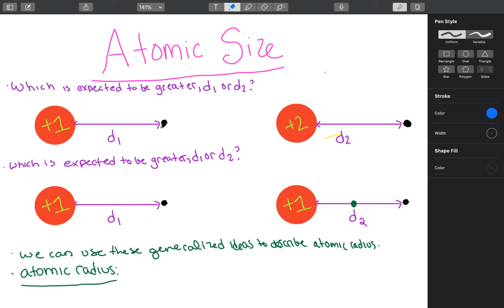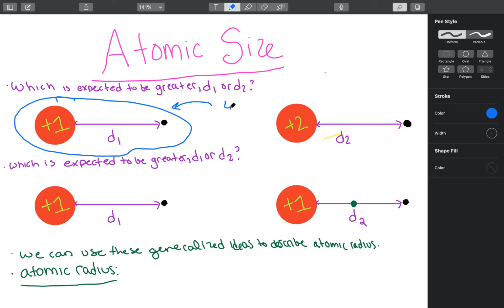So which distance, D1 or D2, do you expect to be larger? Well, the larger distance would be expected to be from this atom. And that's because you have a +1 charged nucleus compared to a +2, which means that it has a weaker force of attraction.